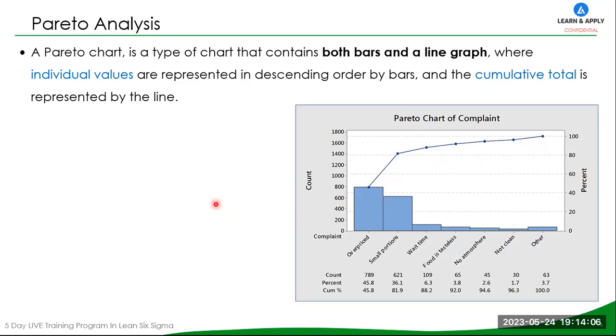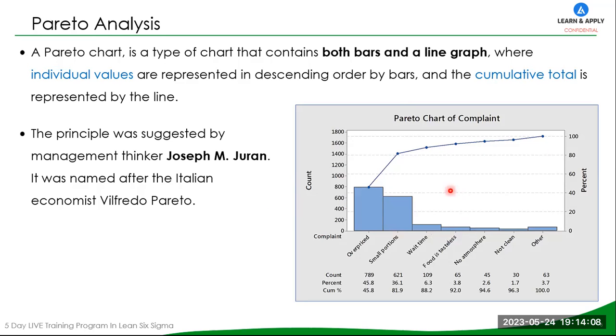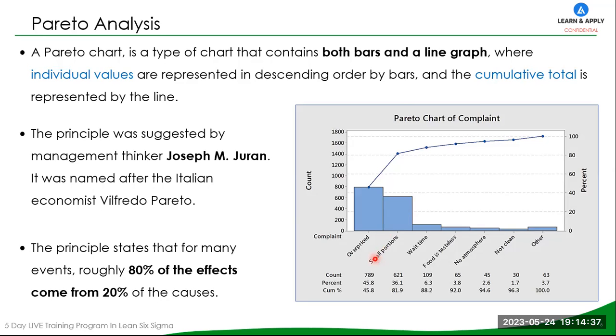If you go to the history of the Pareto chart, it was suggested by Joseph M. Juran. Yesterday we saw two of the quality gurus, Deming and Juran. Juran suggested this very good tool, and it is named after the Italian economist Vilfredo Pareto. On his name, this tool is called a Pareto chart. Now, the Pareto chart talks about the 80-20 principle.